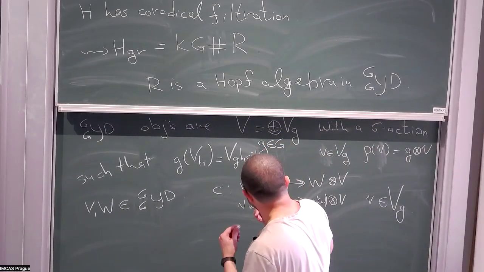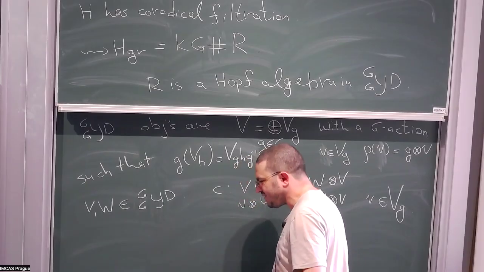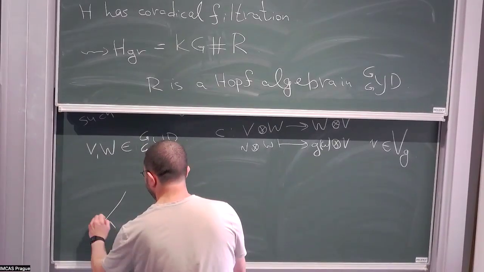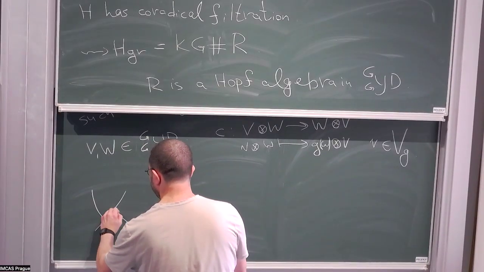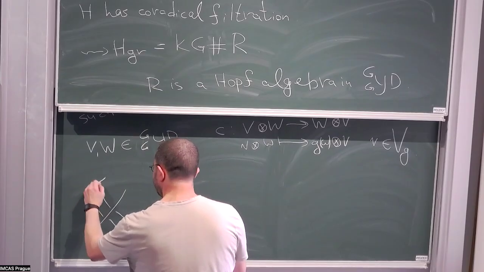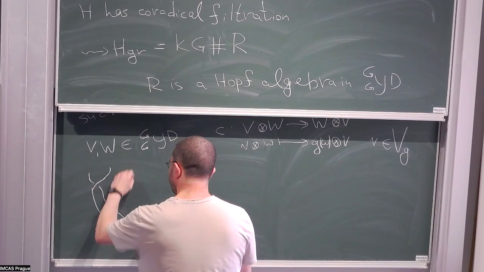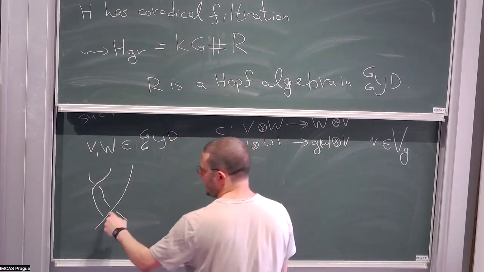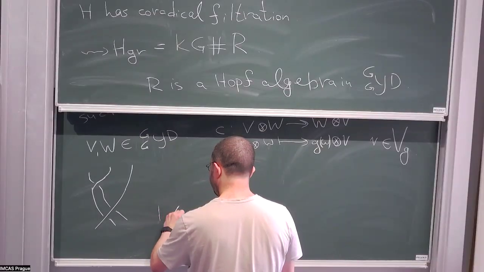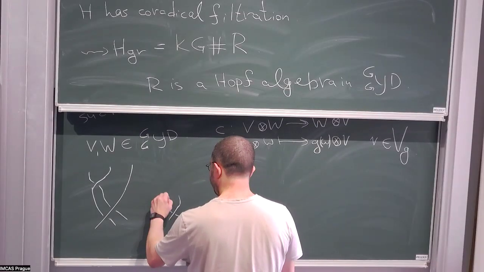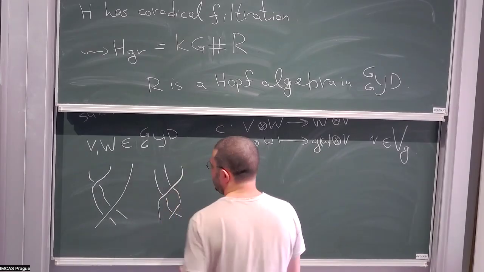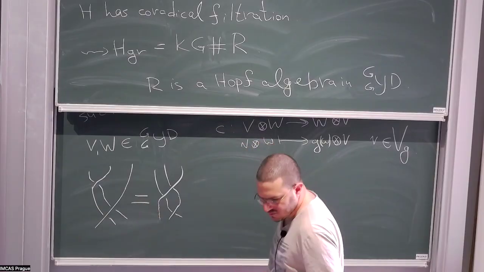Okay, so this is really a braiding, which means that we have the usual braid relation that holds here. So I will just draw it. I can first jump over these two, and then they can jump over each other, or I can do it the other way around. First this jumps over this, and then this jumps over both of them. And this should be equal to one another.